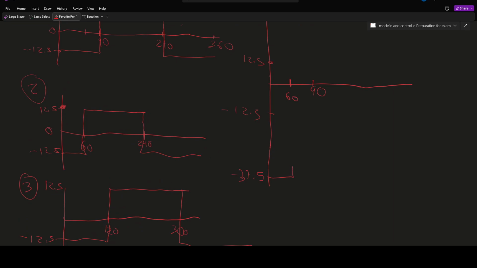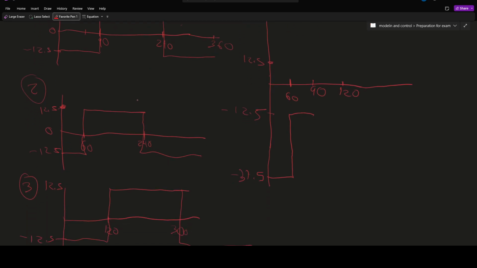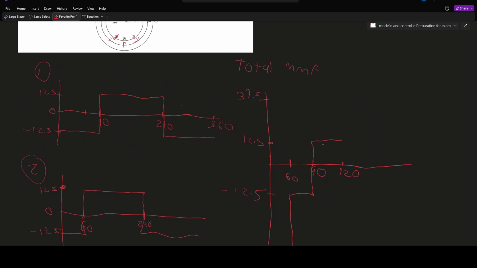So in total, it's going to be minus 12.5 until 90 degrees. Now from 90 degrees to 120, we have plus, plus, and minus. So we have that this goes up to 12.5.